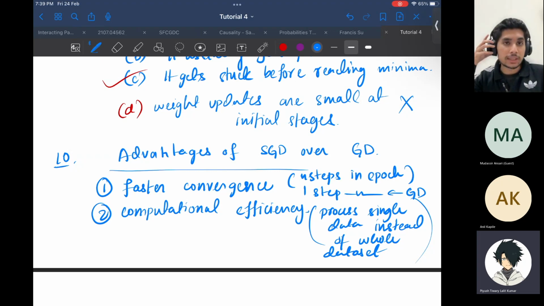That is why it is also computationally efficient. So these are the two options that are correct. By this, I think we have solved all the 10 questions.